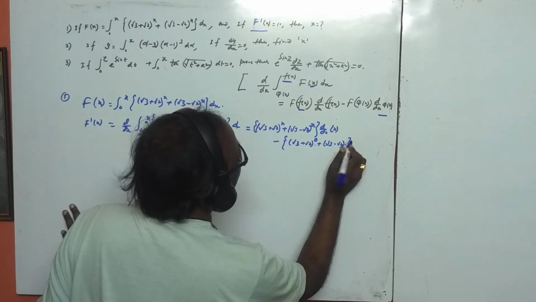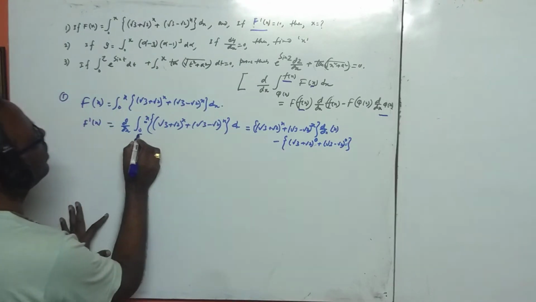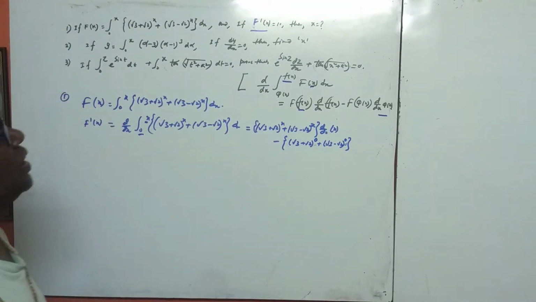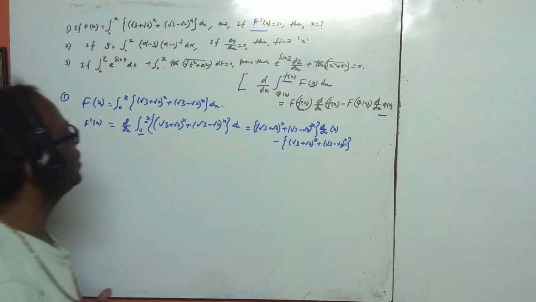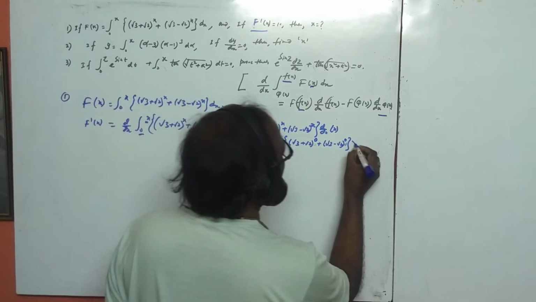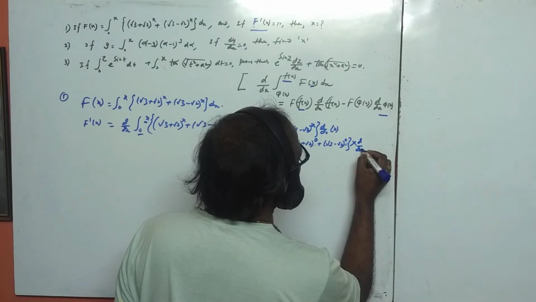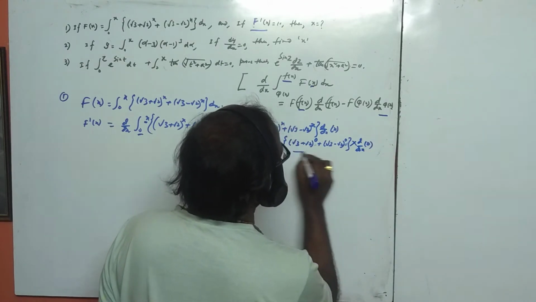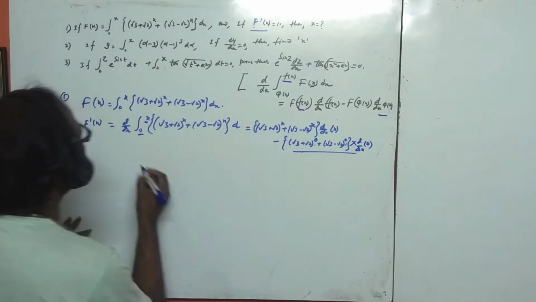We have to put the value of 0, always replacing the variable x, so this is 0, and again d/dx of 0 here, so this whole thing is 0.